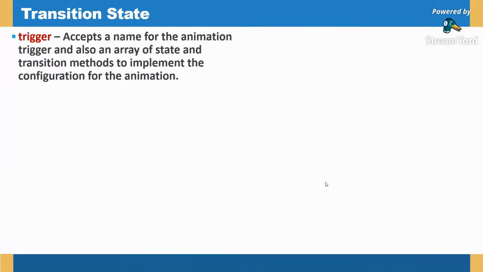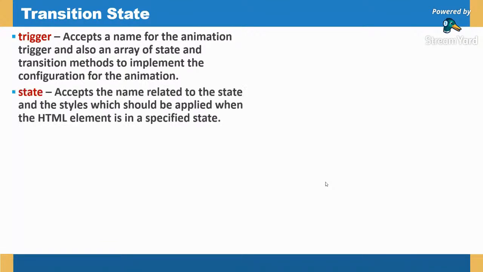So trigger represents a name, which represents a group of collections with the state name and the transitions. We may mention multiple states within the same trigger, or implement multiple transition methods within the single trigger.